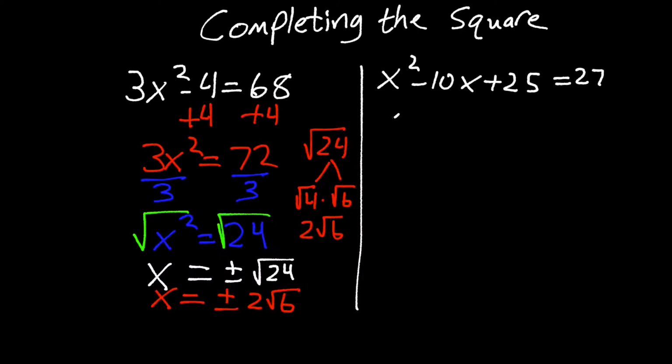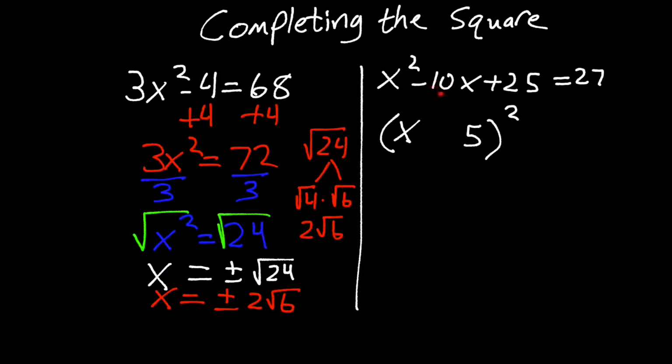So I'm going to start by putting my parentheses in with the square, and I'm going to take the square root of x squared, which is x, the square root of 25, which is 5, and I'm going to check to see, is this a perfect square trinomial? It is a perfect square trinomial if I multiply this times this, so x times 5 is 5x, and I double it.